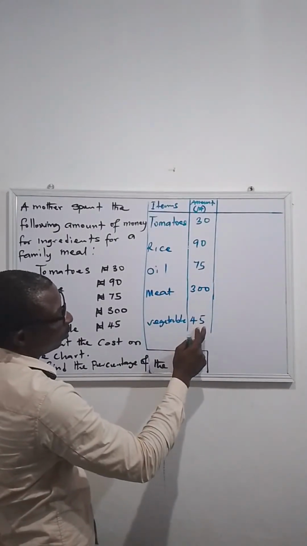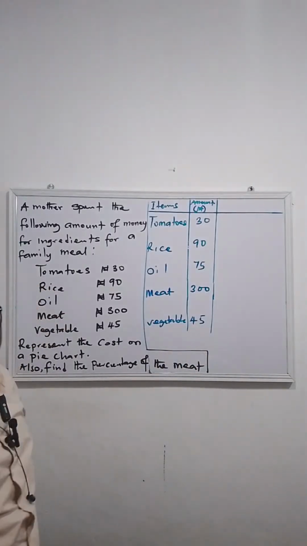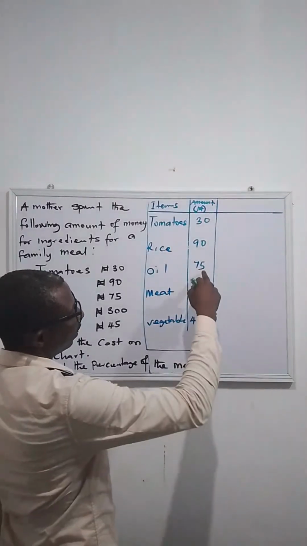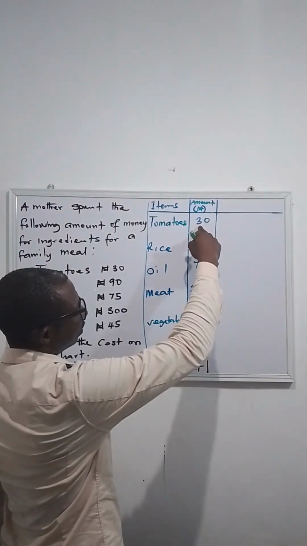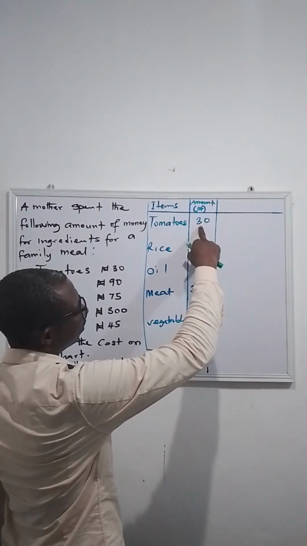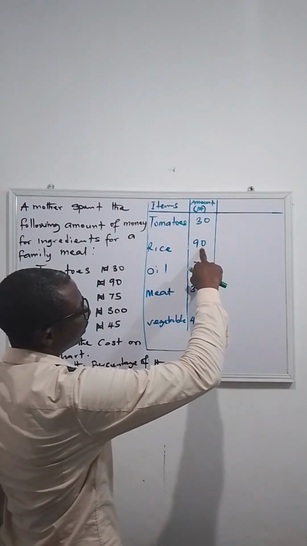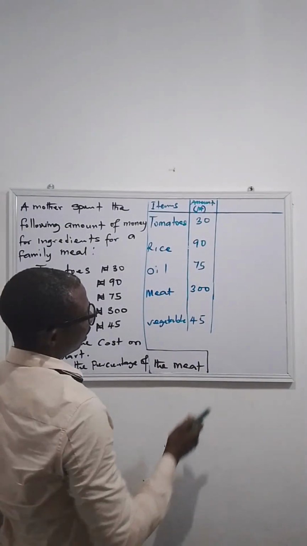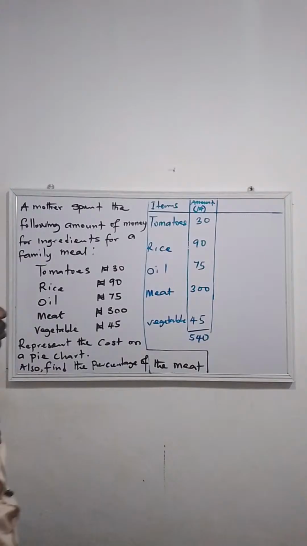That's 30 plus 90, that's 120. 120 plus 75, that's 195. Then plus 300, and plus 45, we get the total of 540. Can you see that?